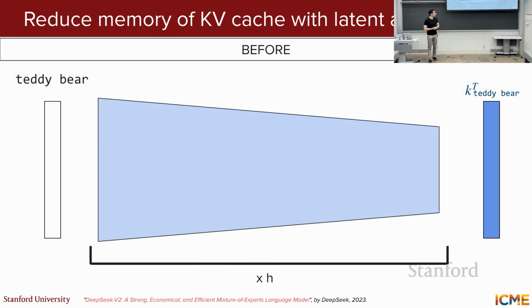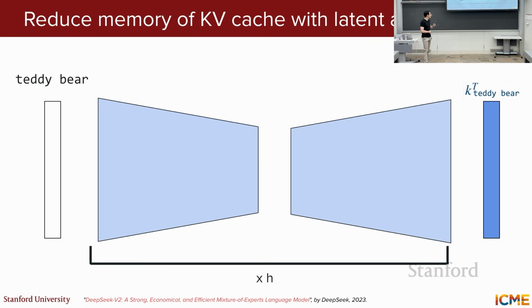And these keys and values are quite long as well. So let's see if we can make it smaller. What multi-latent attention does is that it factorizes these projection matrices into an intermediary space that is of lower dimension than the space of keys.